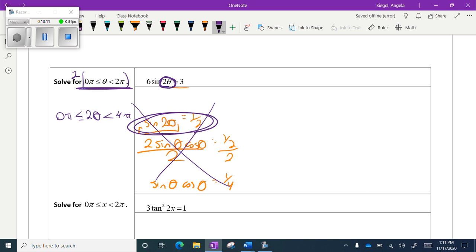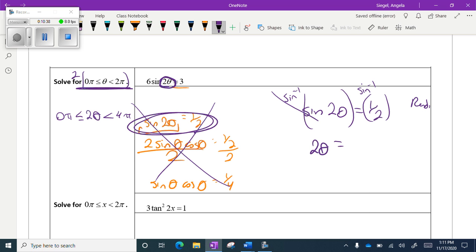So we're going to go back here to this step. I'm going to say sine 2 theta equals 1/2, and I'm just going to go straight from here and find the sine inverse. So these cancel out, and I get 2 theta equals sine inverse of 1/2. Again, I have a 30-degree reference angle, but unfortunately, we're dealing with radians.